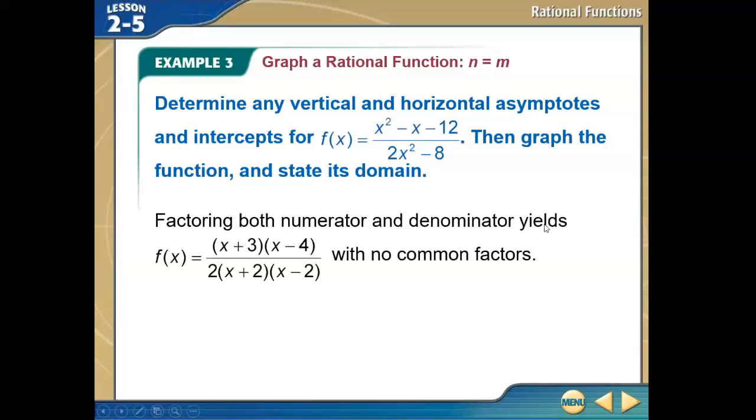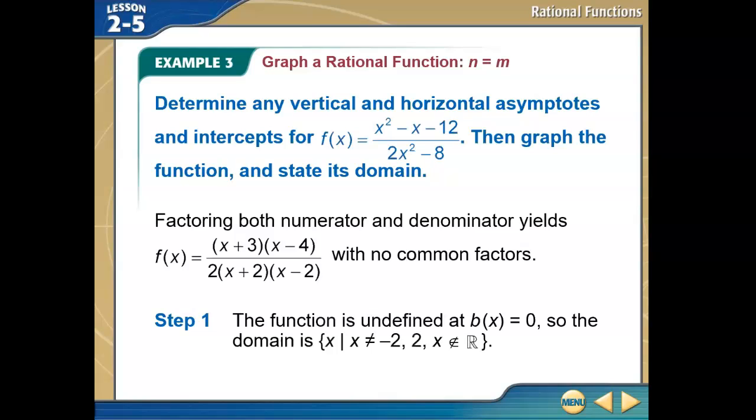Okay, factoring both the numerator and denominator yields this: x plus 3 times x minus 4, with no common factors. Once again, the common factors cause holes, removable discontinuities, and you'll see one. The function is undefined at -2 and 2, so our domain is all real numbers excluding our vertical asymptotes, which occurred at -2 and 2.